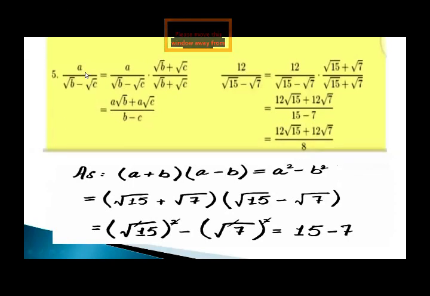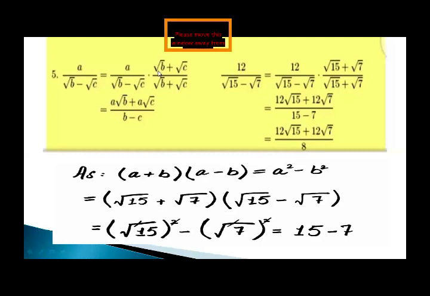Now, if the denominator has a two-term binomial surd, and both expressions are surds, root b and root c, so a over root b minus root c, how will we rationalize this? We have to rationalize because the presence of a surd in the denominator makes the expression irrational. So how to make it rational?